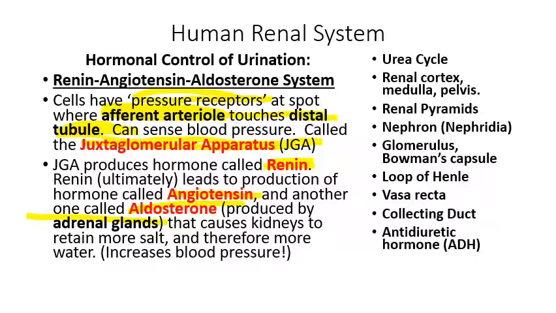And it causes the kidneys to retain more salt, which therefore causes you to retain more water and causes the blood pressure to go up. Right? So the antidiuretic hormone and the renin-angiotensin-aldosterone system both cause your blood pressure to go up by causing you to retain more water. Sorry, I think I said that the juxtaglomerular apparatus, if the blood pressure is too high, causes you to retain water. It doesn't do that. It does the opposite.